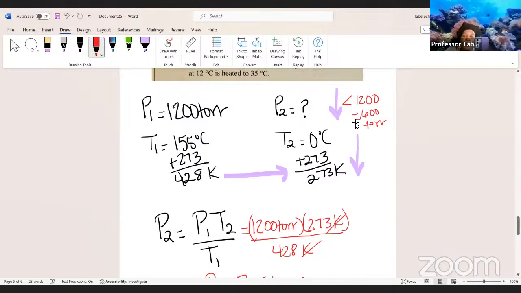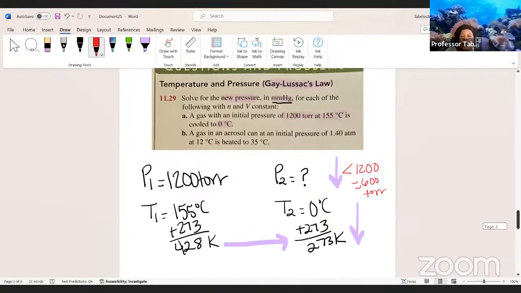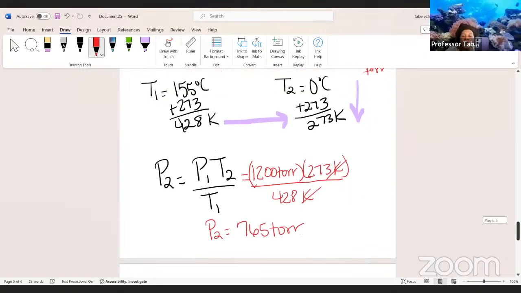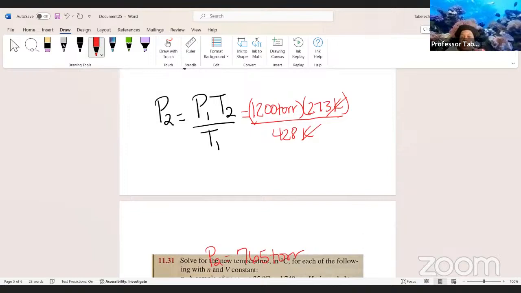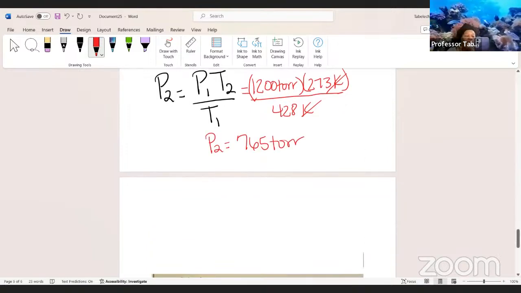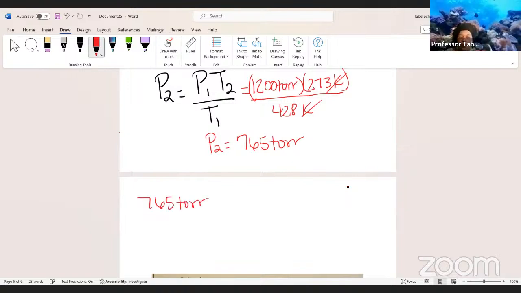So now, here's what we've got to do. They want the answer in millimeters of mercury. You see that? So what am I going to do? I'm going to convert. So I'm going to take that 765 torr times, remember, they want the answer in millimeters of mercury.